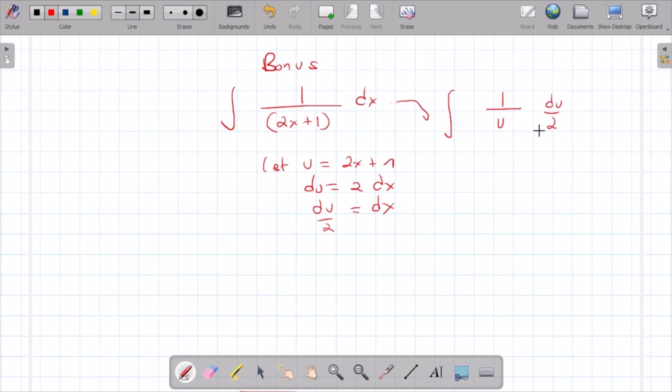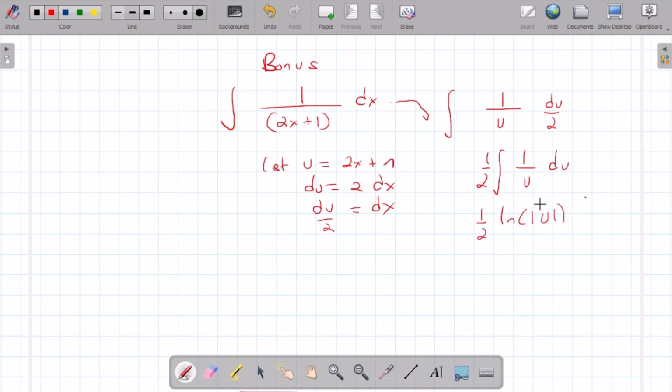The 1 over 2 is a constant, so I can take it out of the integral sign. So I'm going to have half multiplied by the integral of 1 over u du. Now the integral of 1 over u is natural log of u in absolute values.